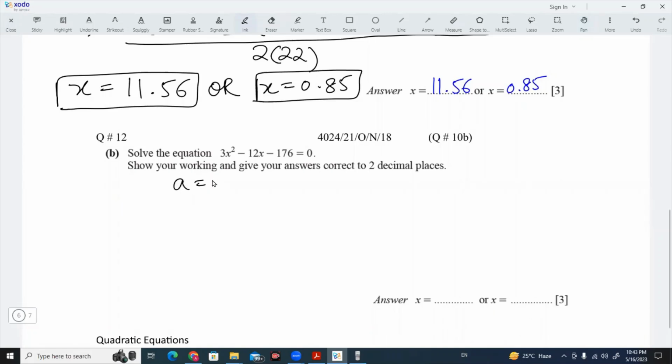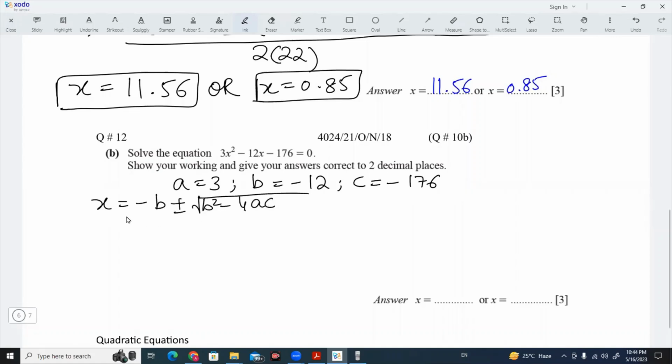So A equals to 3, B equals to negative 12, and C equals to negative of 176. Write down the quadratic formula again. So it's minus B plus minus square root of B squared minus 4AC complete divided by 2A.